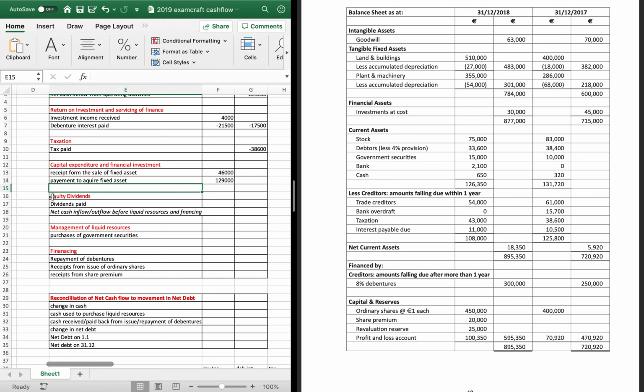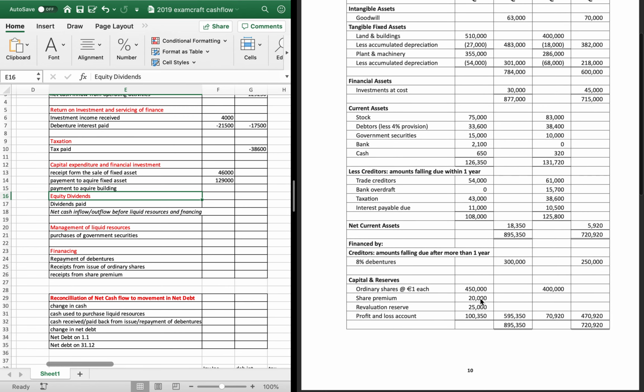But then we also had an extension. It's not really acquiring a building, it's the extension. So the extension has gone from 400 up to 510. And this is where this revaluation surplus is going to come in. Of the 510, 25,000 is an increase in land. So buildings weren't increased.